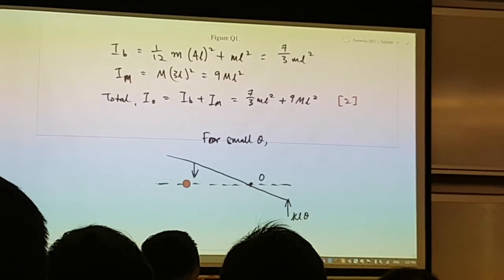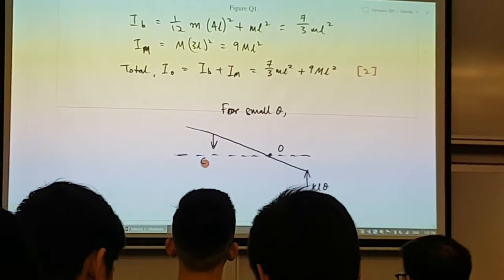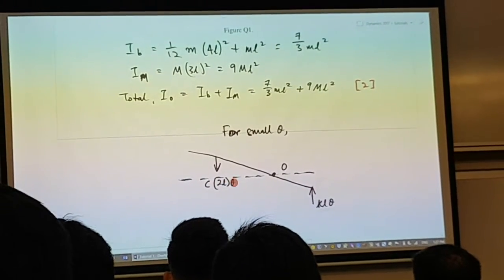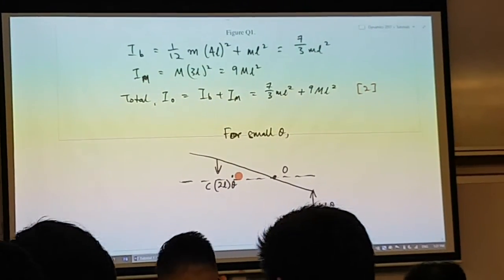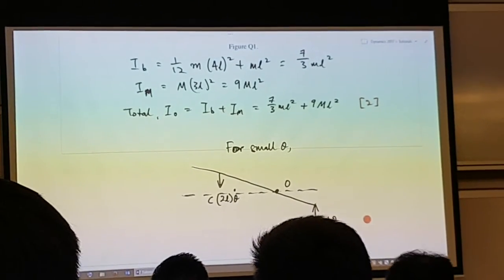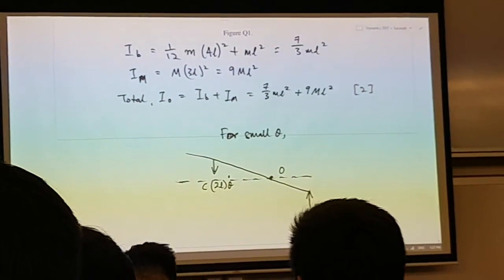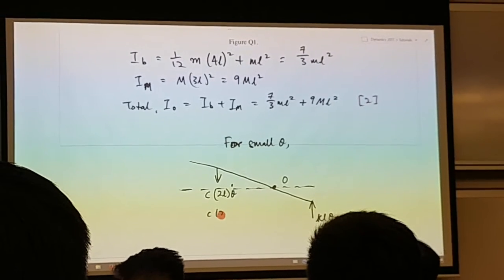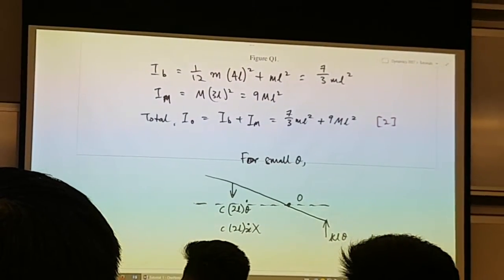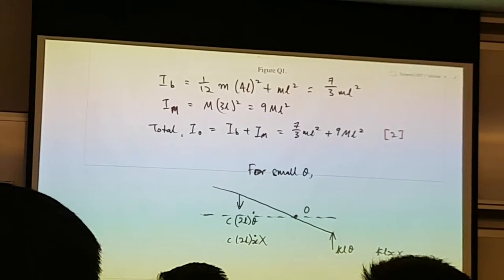And then for this part here, that big force C multiplied by 2L theta dot. If your friend wrote this as kLx, C2L x dot, please mark that wrong because this is a force for resistance.